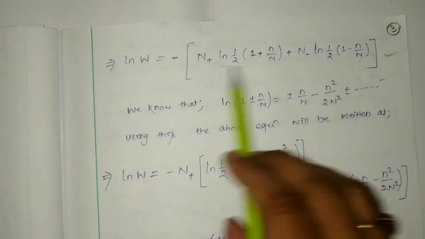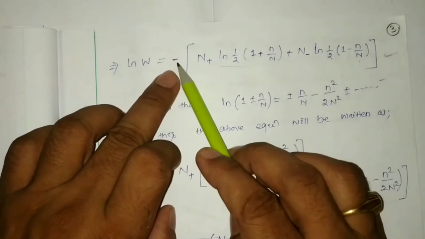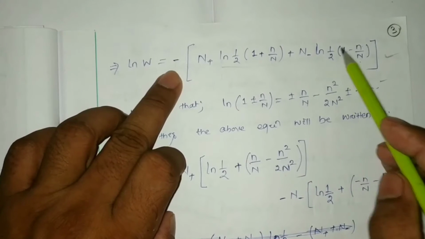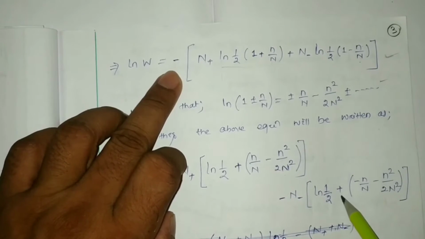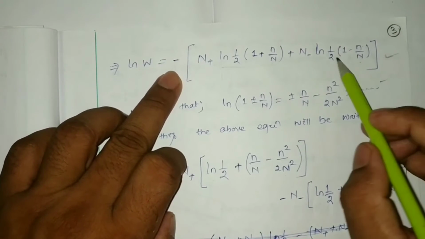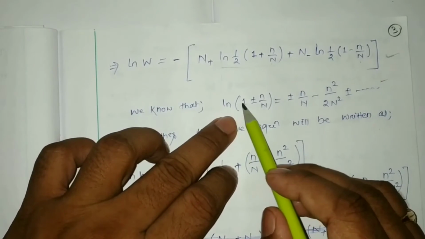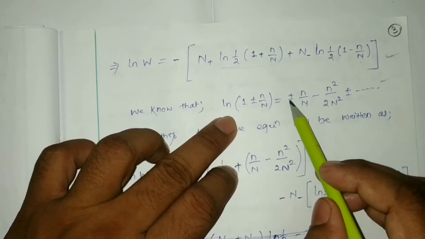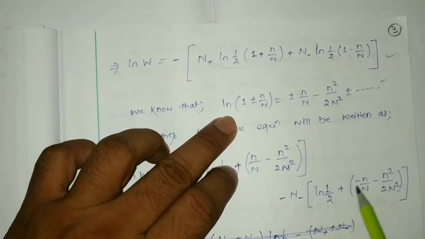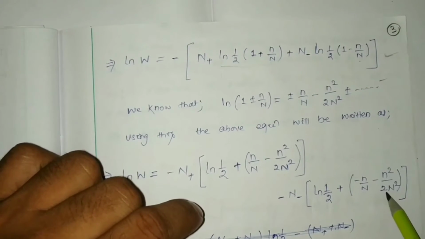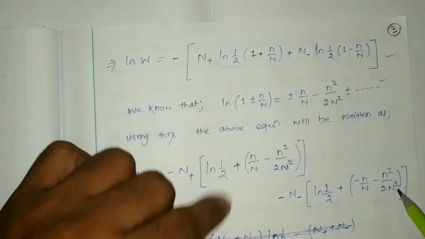Similarly, this one can be written as minus n minus ln 1 by 2 plus we can get ln(1 minus n by N). So ln(1 minus n by N) is nothing but minus n by N minus small n square by 2 capital N square.